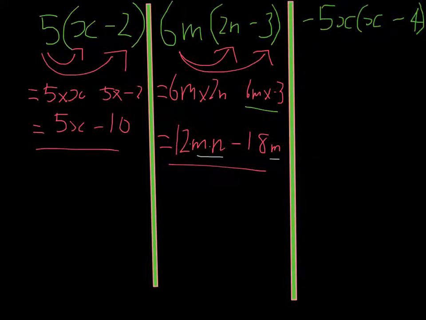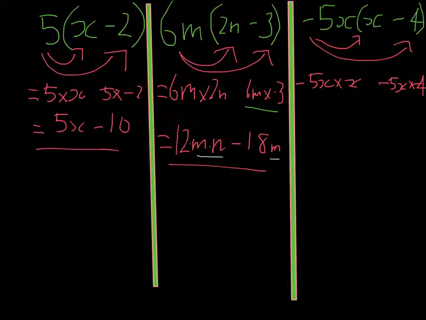Last one, same thing. Whatever's outside the brackets, multiply by what's inside the brackets. So it's going to be negative 5x times x, and then negative 5x times negative 4. So for the first one, the x is simply 1x, so negative 5 times 1 is going to leave us with negative 5.